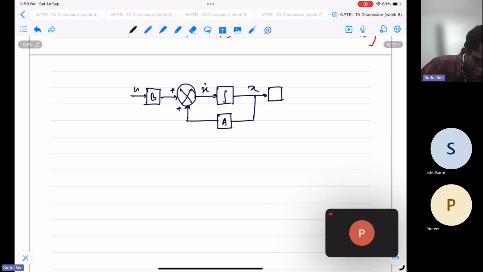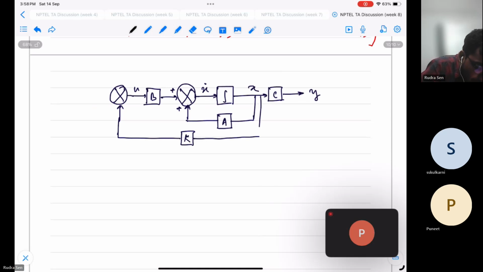Now I multiply this x with c, I get y, right? Now, in the previous case, we needed a state feedback, right? That means we need a k over here. But now, this deals with the transient period.